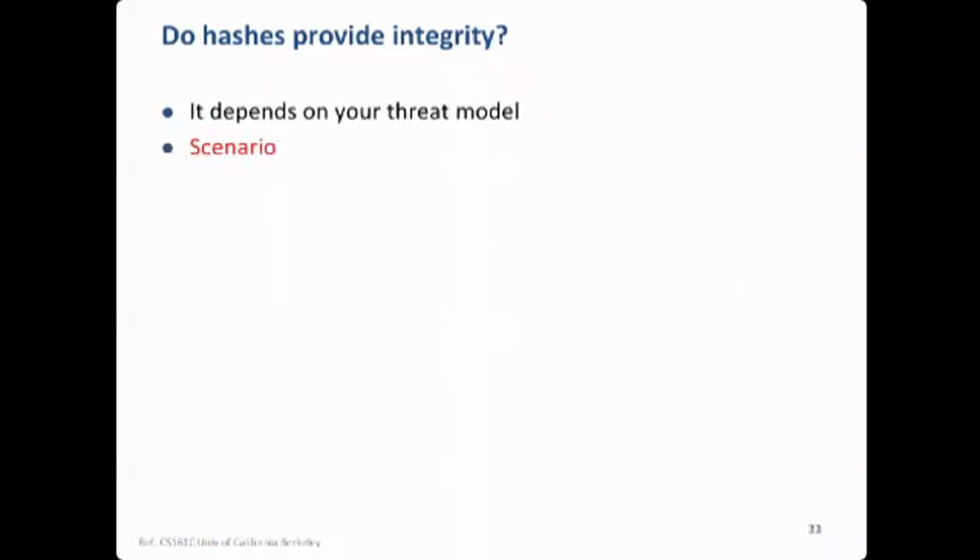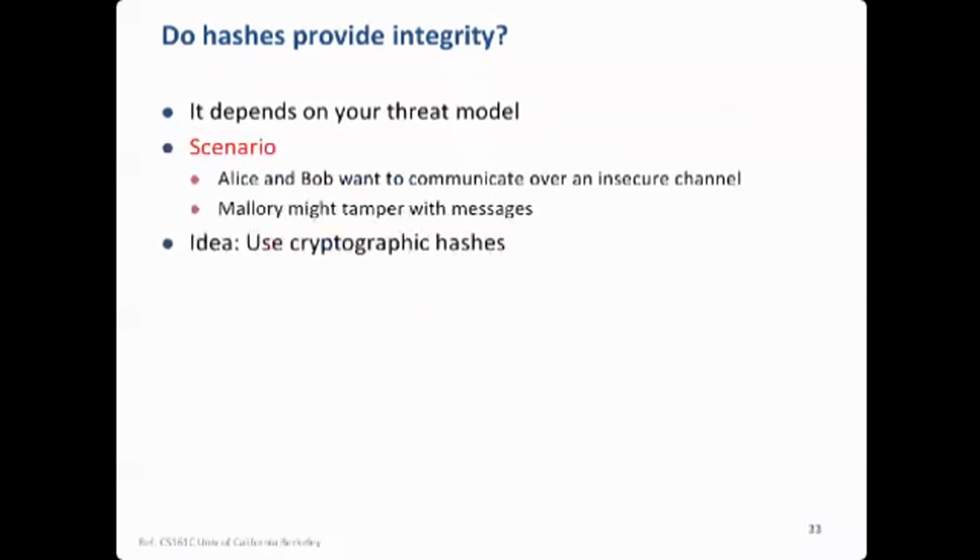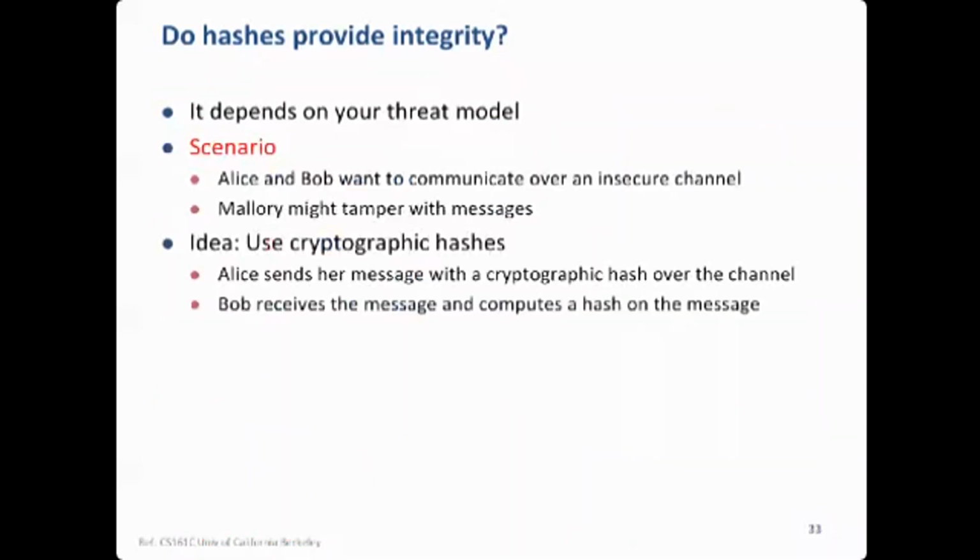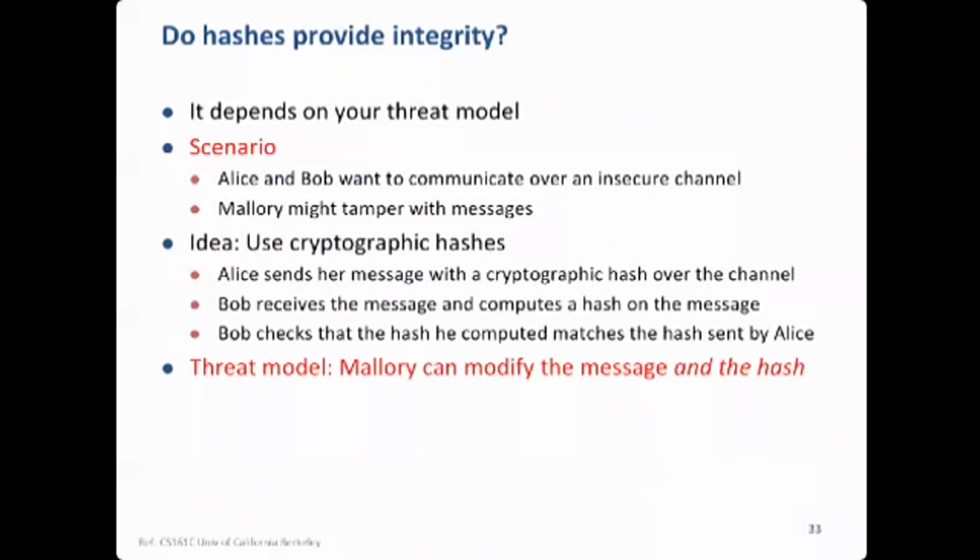Okay, all right. Another scenario we'll take. Now, Alice and Bob want to communicate over an insecure channel. Mallory can tamper with the message. This example we have already discussed, right?